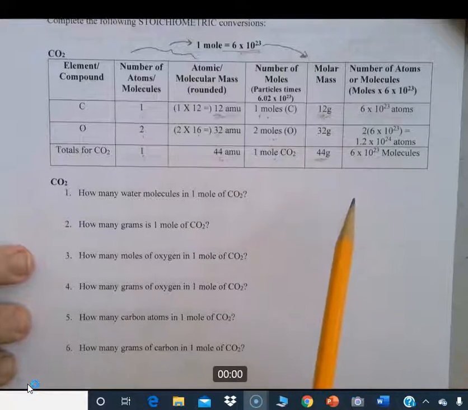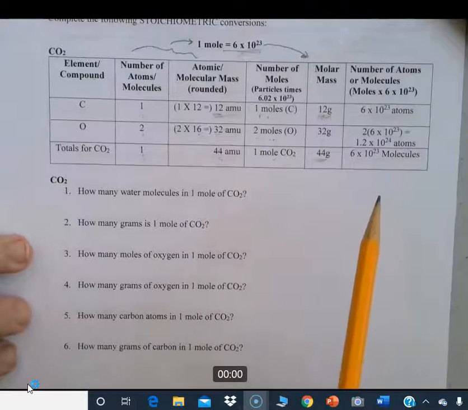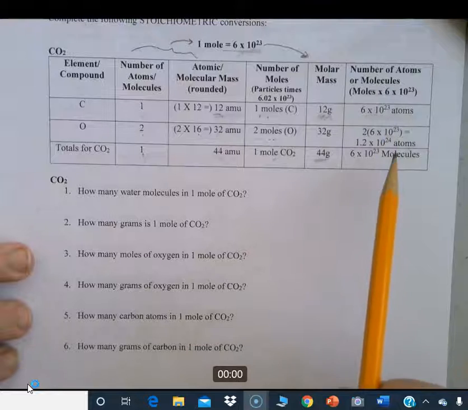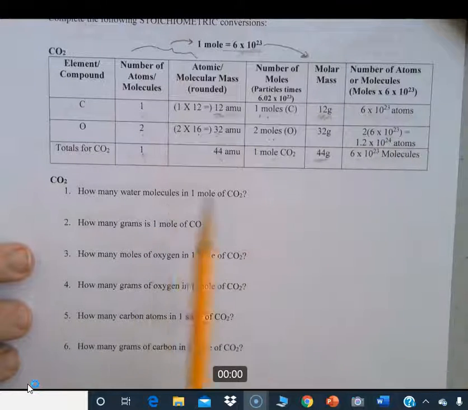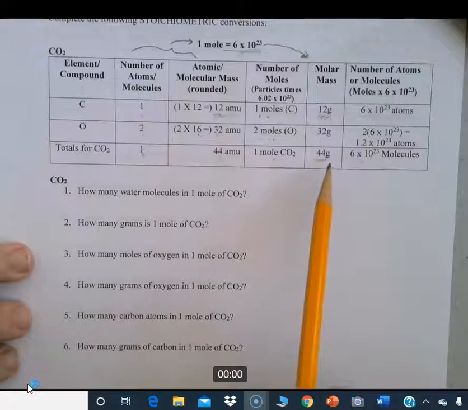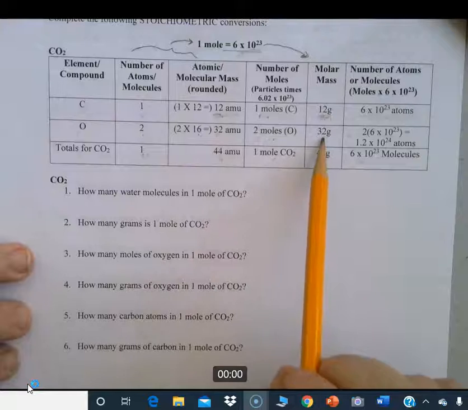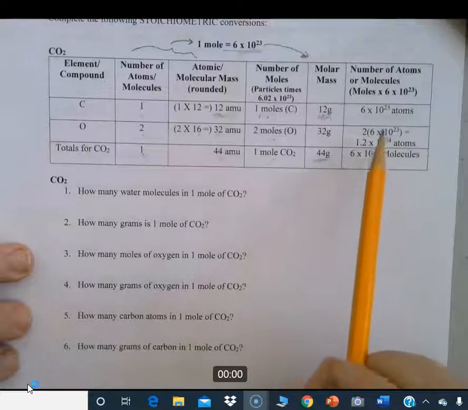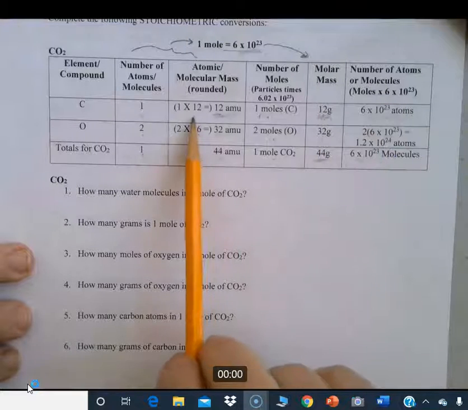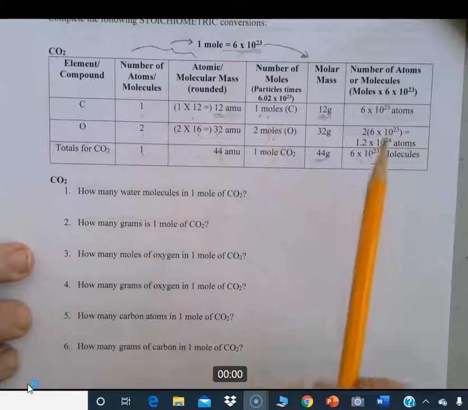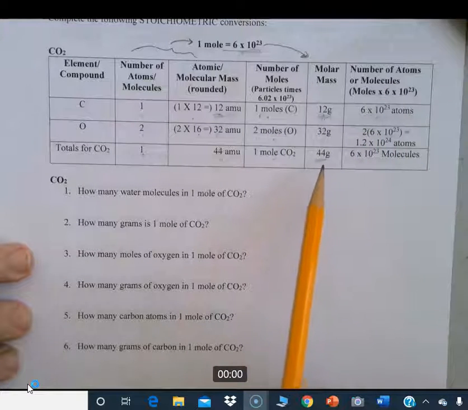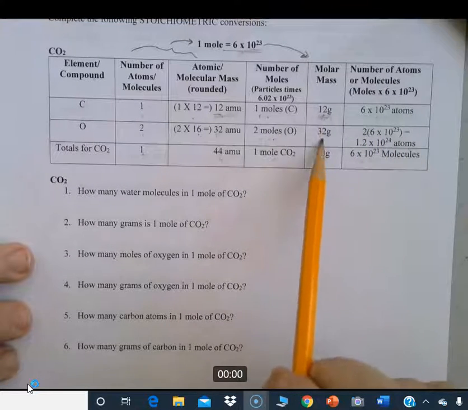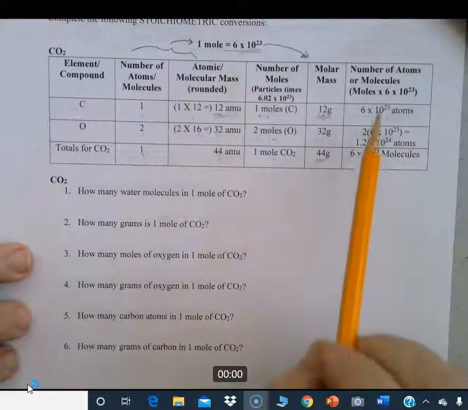Remember, chemistry works in terms of numbers of hydrogens and numbers of oxygens matching up to make numbers of molecules. But we have to work in grams because we can't deal with things as small as atoms and molecules, and we can't deal with numbers as big as moles. So we need something that helps connect us, and that's knowing molar masses. It will tell us how many we have.